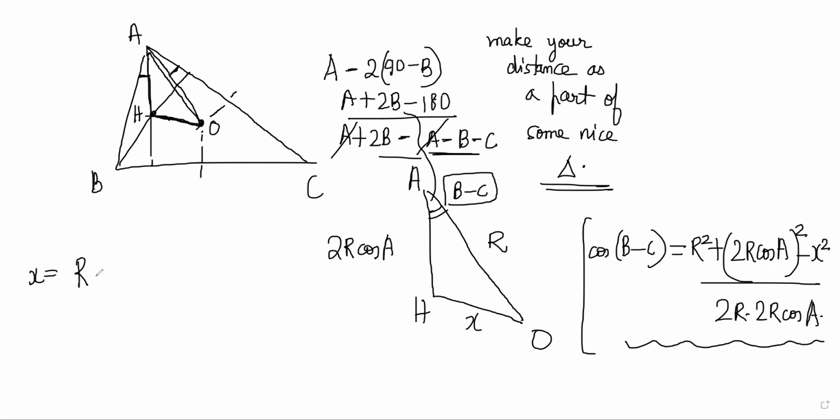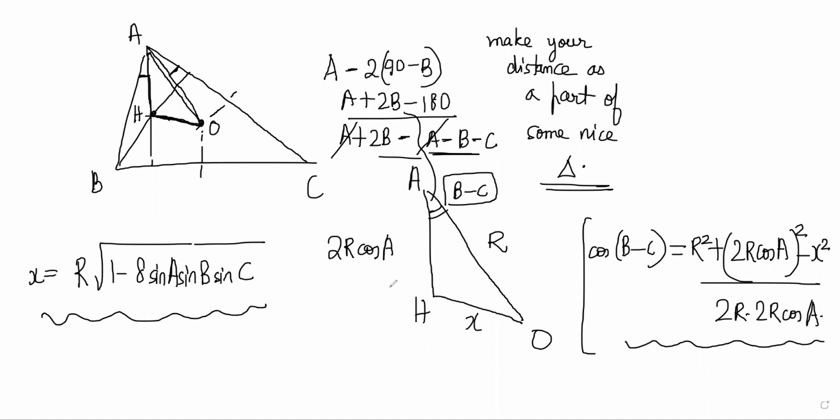X will come out to be, I think, R root over 1 minus 8 sin A sin B sin C. I'm not sure, you can check it. It will come as a nice formula. But the point is not to memorize the formula, but to understand that whenever something is asked, I will make it part of some triangle, and from there I will try to figure out what to do. You understand?